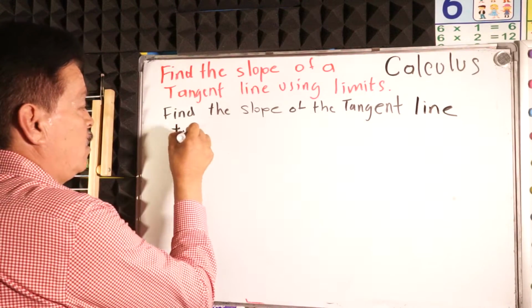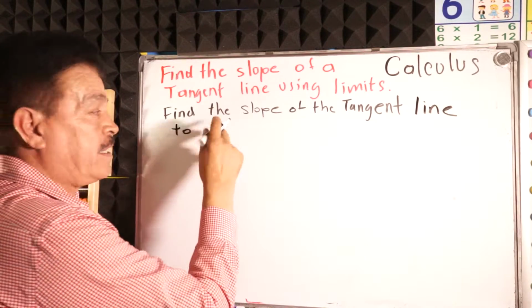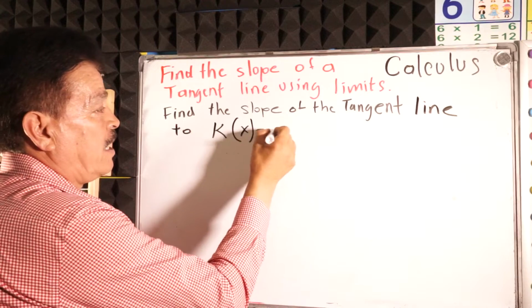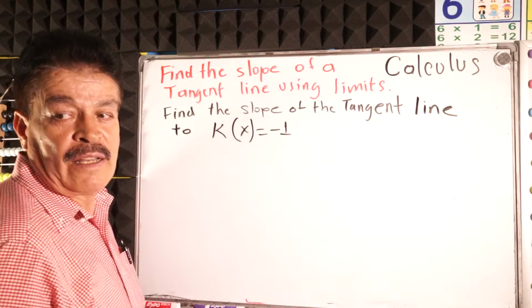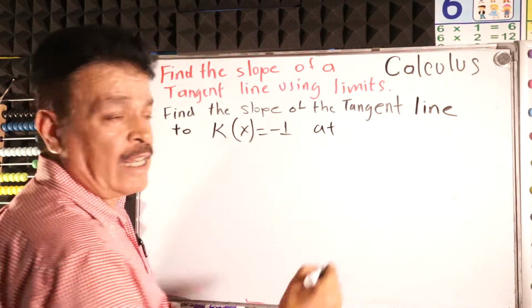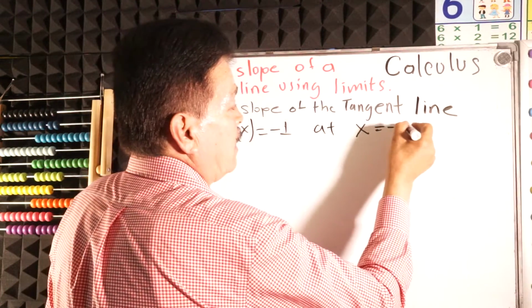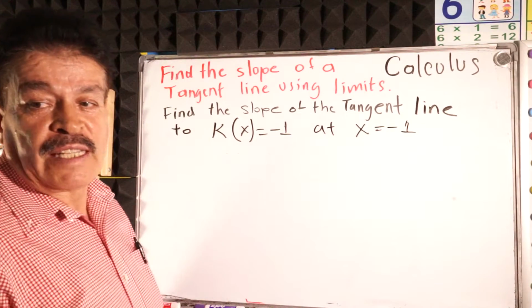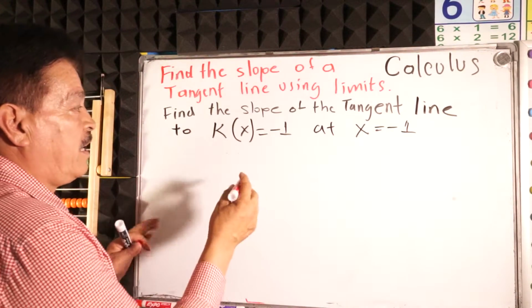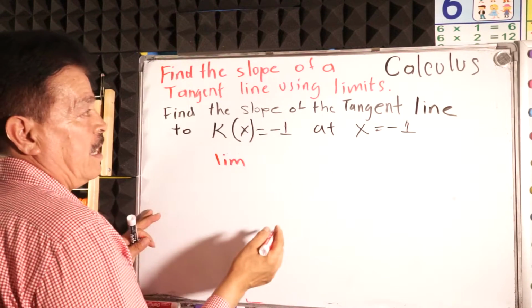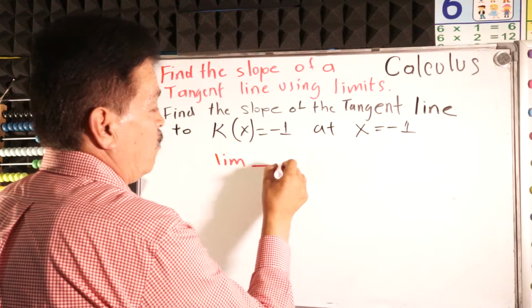Let's change it: k of x equals negative x, at x equals negative 11. So the first step, just write the formula here. I will not describe all the information again.